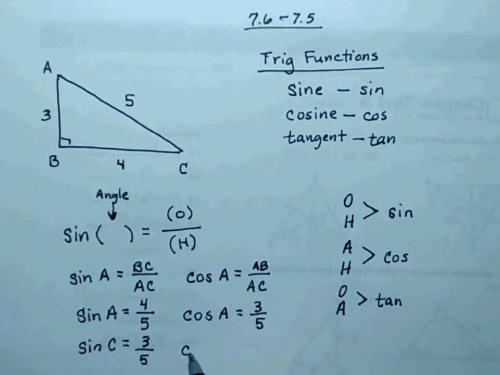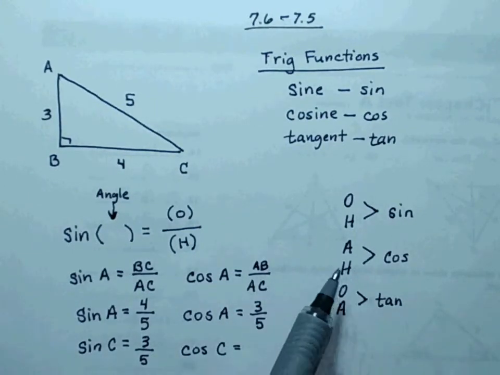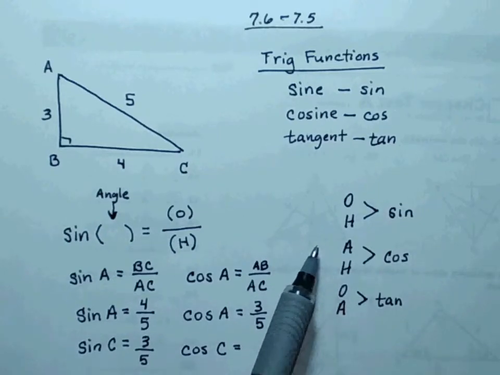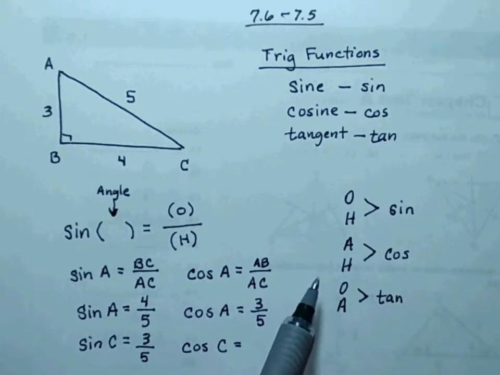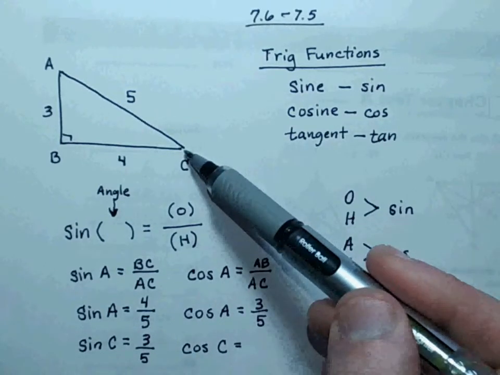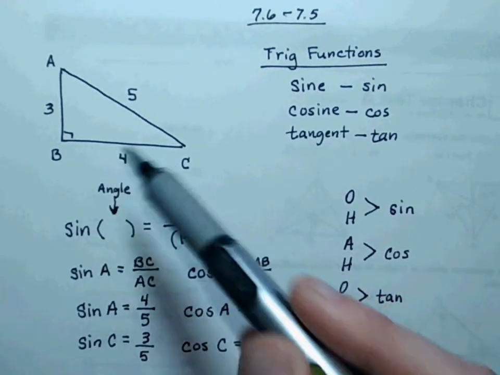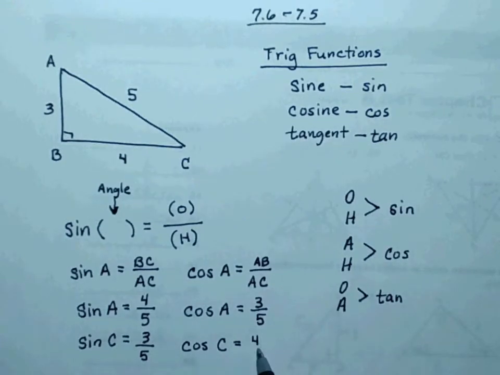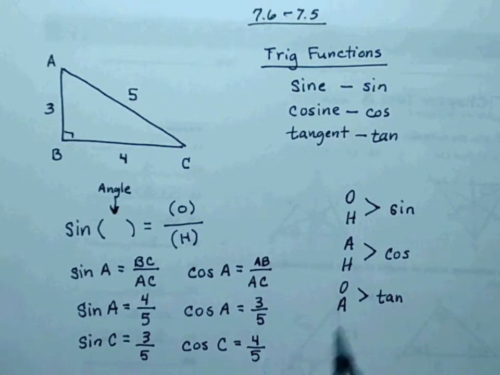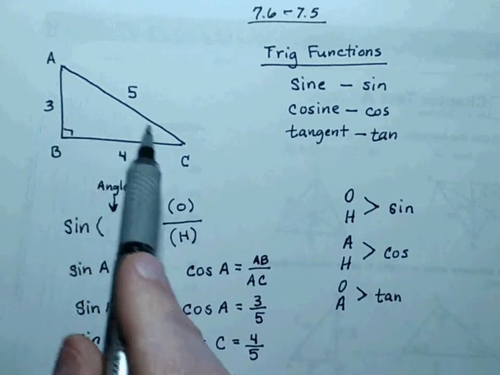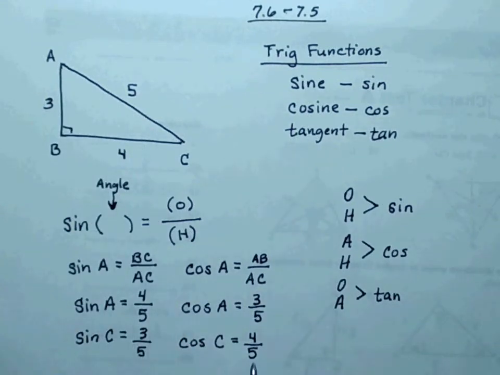If I was going to take the cosine of angle C, cosine is adjacent over hypotenuse. So looking at angle C, the adjacent side is 4 over the hypotenuse, which is 5.